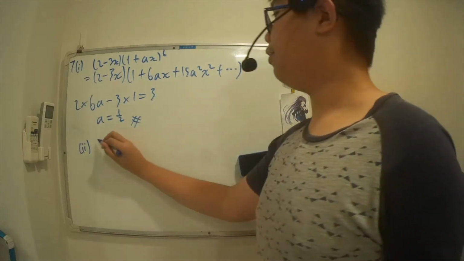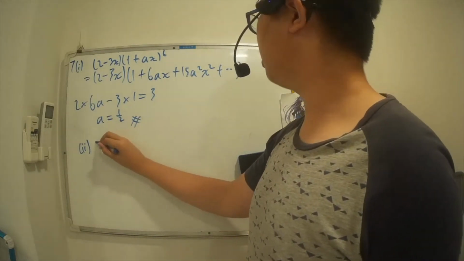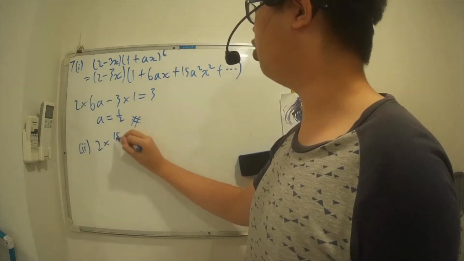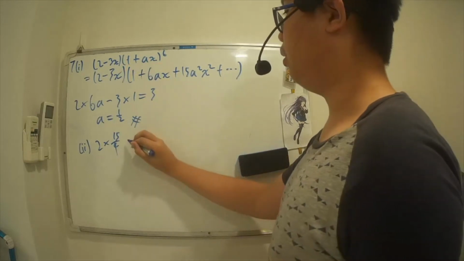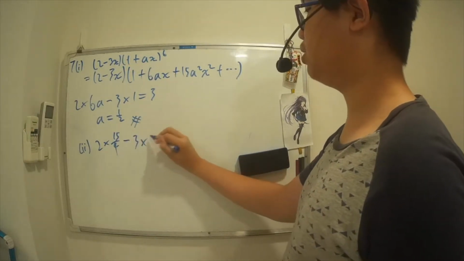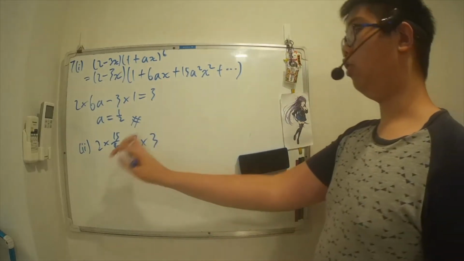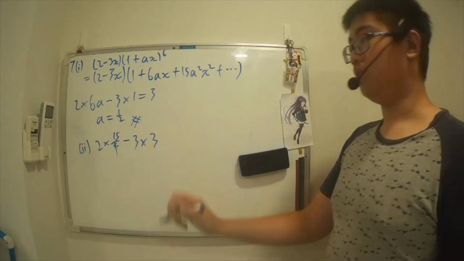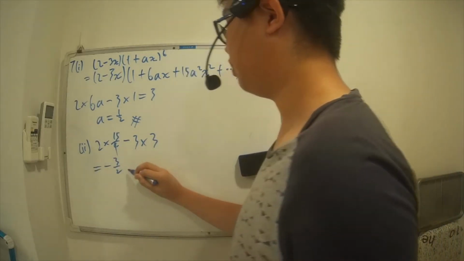So we will have 2 times 15 over 4, right? Okay? And then we have this and this, so minus 3 times 3, and this is 30 over 4 minus 9, which is 36 over 4, so this is negative 3 over 2. Okay?